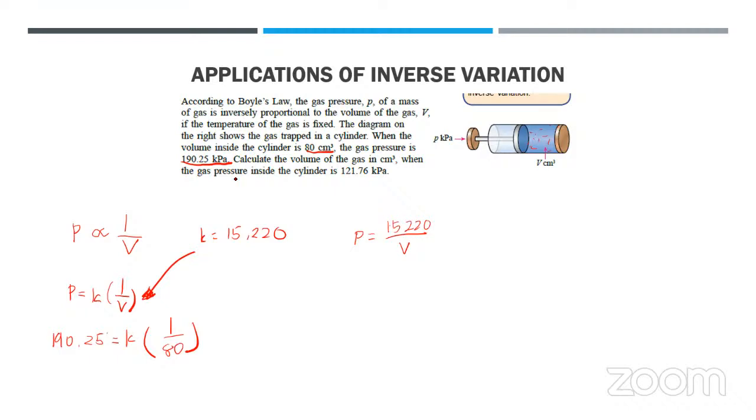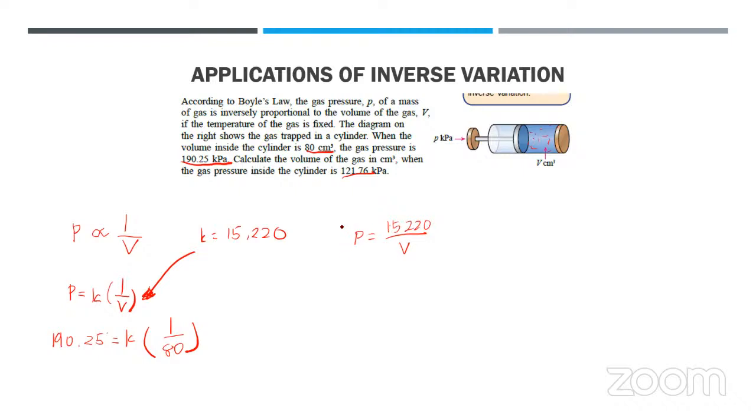So now they want you to calculate the volume of the gas in centimeter cube when the gas pressure inside the cylinder is 121.76 kilopascals. Okay, so basically you're subbing in P, right? But you want to find V. So you don't have to do this, but what I recommend you do first is you express V in terms of P. So to do that, it's simple, right?